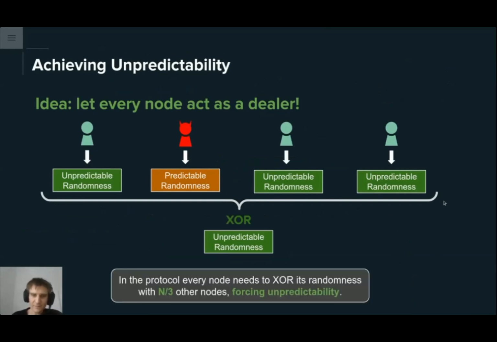Awesome. So by forcing nodes to combine their randomness sources with at least n over 3 nodes, we have the guarantee that we will get unpredictable randomness sources from all nodes.